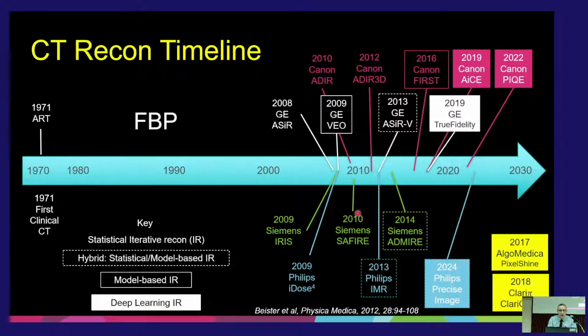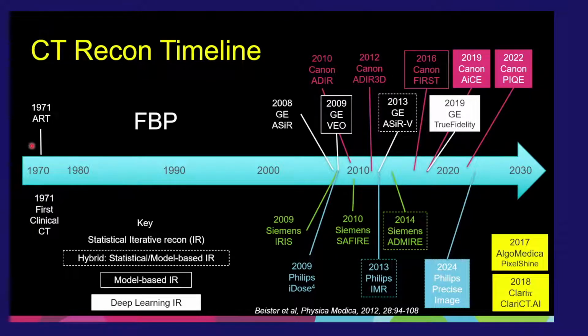Now, when it comes to CT reconstruction, we have been using a variety of different methods or algorithms over the years. If you go all the way back to the very beginning, when CT was developed in the late 1960s and early 1970s, we actually originally used iterative reconstruction.